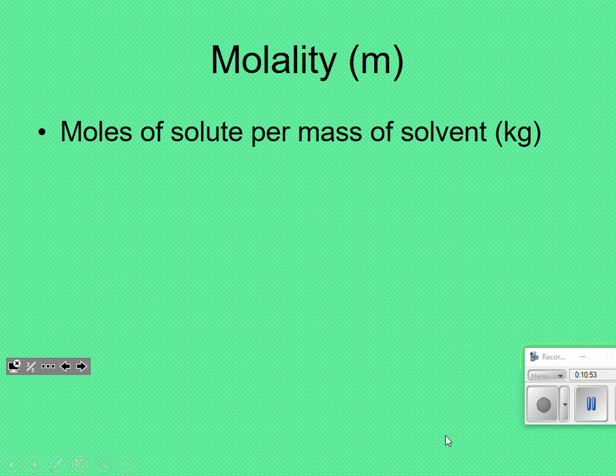Molality is moles of solute per mass of solvent, and that mass is in kilograms. Molality would be moles over kilograms.